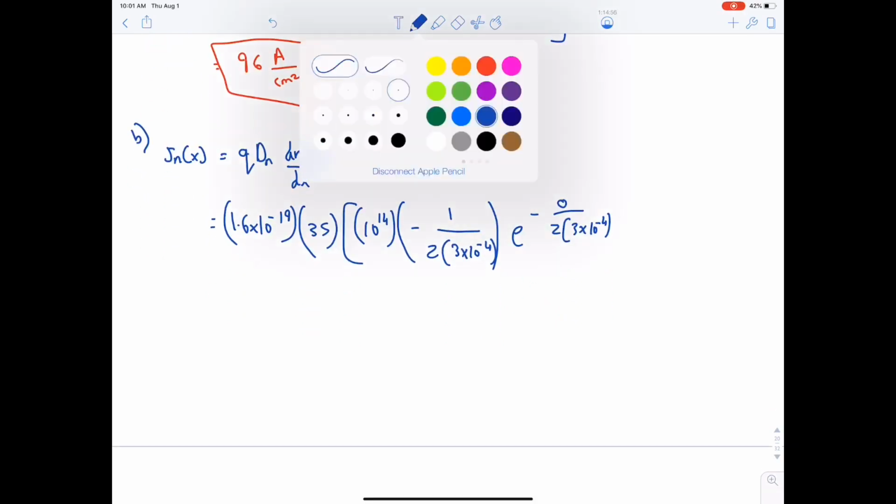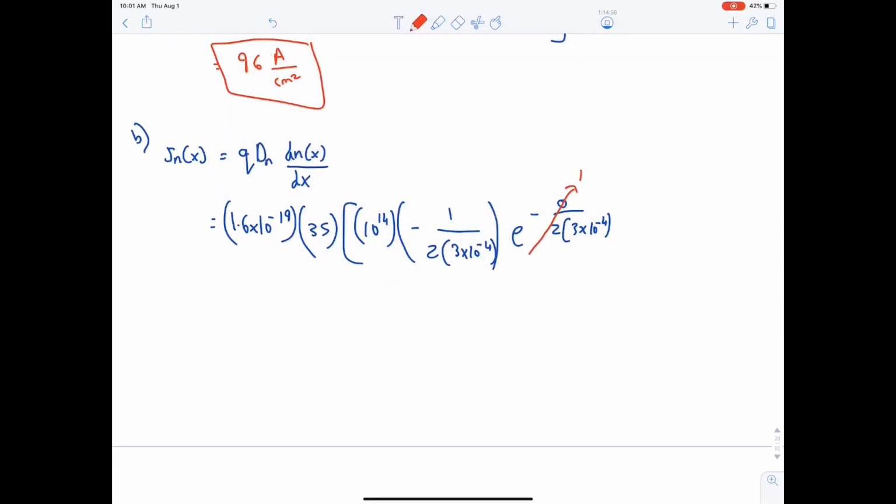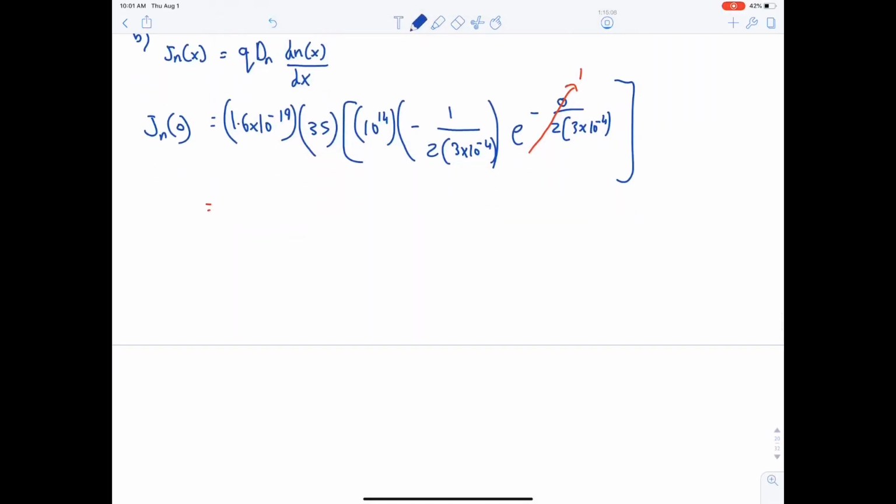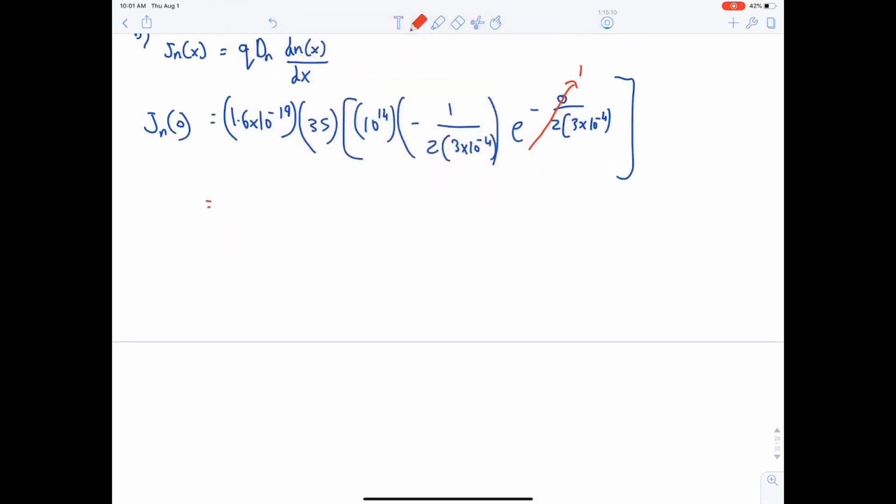The entire exponential will become 1. Let's close the square brackets. So the answer will be, here we're finding Jn at 0, minus 0.93 ampere over centimeter squared.